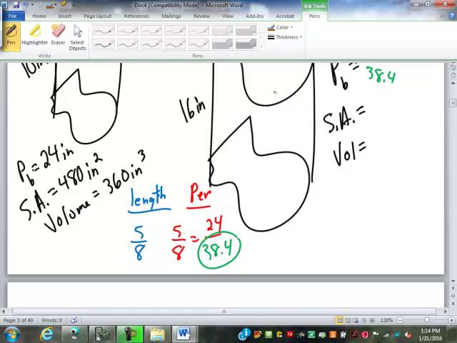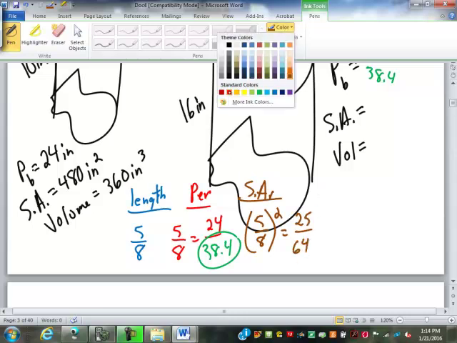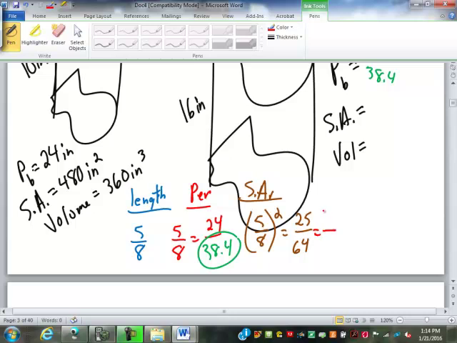Nothing to square there. It's just straightforward because it's just the length. Perimeter is just a length. For the surface area, we have to do the 5 over 8, and we're going to square it to get 25 over 64. Now we'll compare that to the 480.